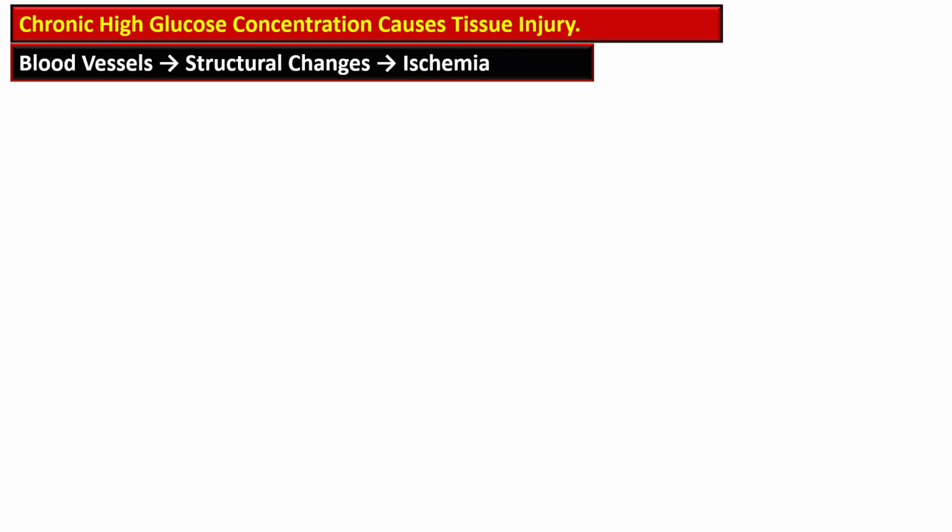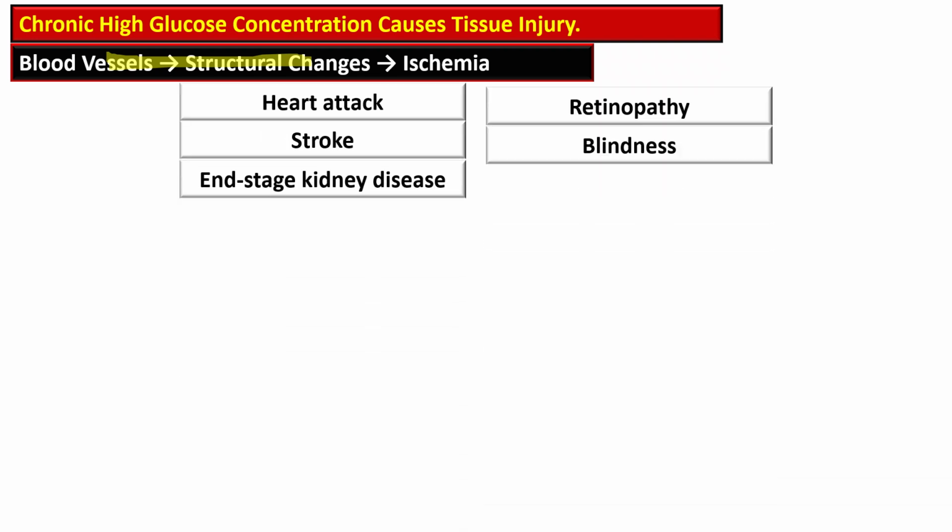There is vascular damage due to chronic high glucose concentration. The long-term uncontrolled hyperglycemia damages blood vessels, leading to atherosclerosis, that is thickening and narrowing of the artery, and there is reduced blood supply to the vital organs and tissues.